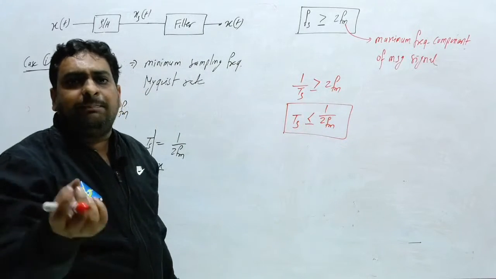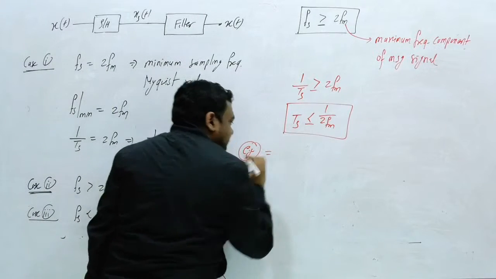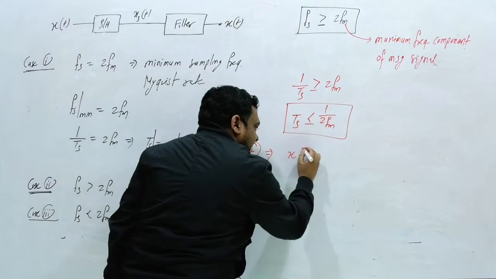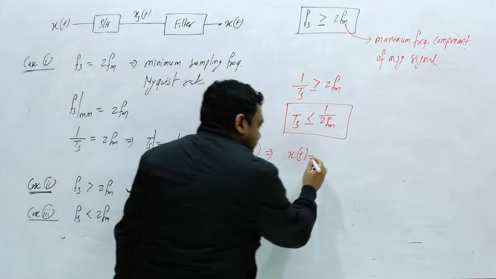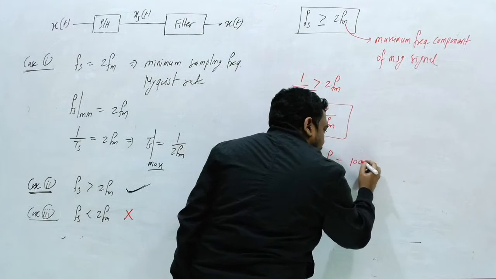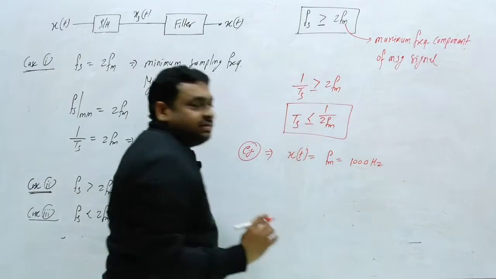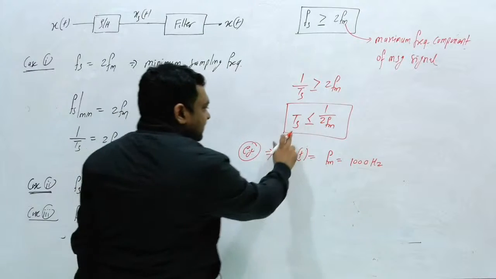Suppose, for example, one signal xt is given, and the highest frequency component of this xt, fm, is 1000 hertz. So what will be the Ts?